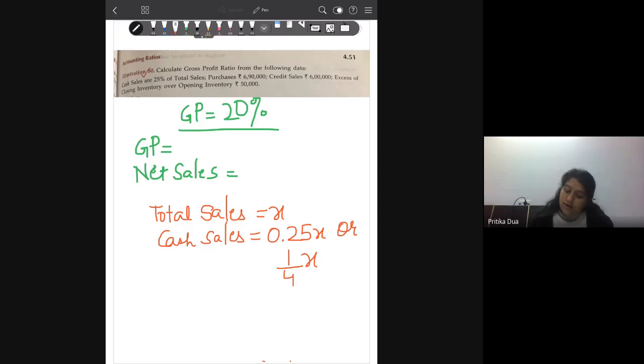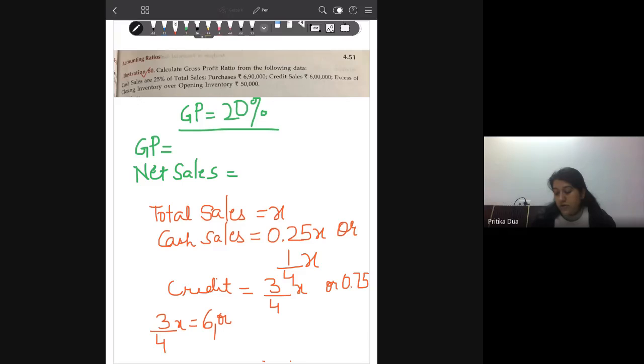Which then means my credit sales, because your total sales are cash plus credit sales, will be 3 by 4x or 0.75. Value of credit sales is already given in the question. So 3/4 of the total sales is 6 lakh.